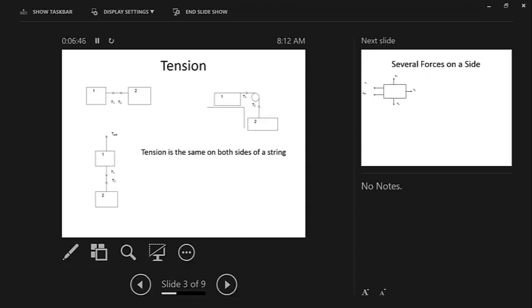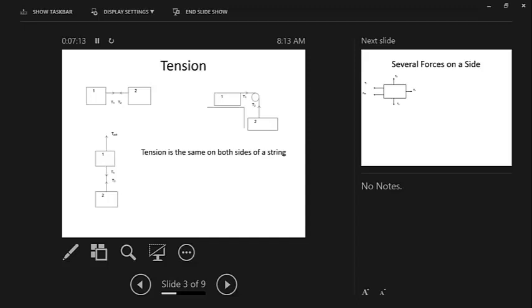Look at tension. It's amazing. Tension is the same on both sides of the string. Why is tension the same on both sides of the string? Because it's the same string. Beautiful. We need to draw those. And Newton's third law says that for every action there is an equal and opposite reaction, right?